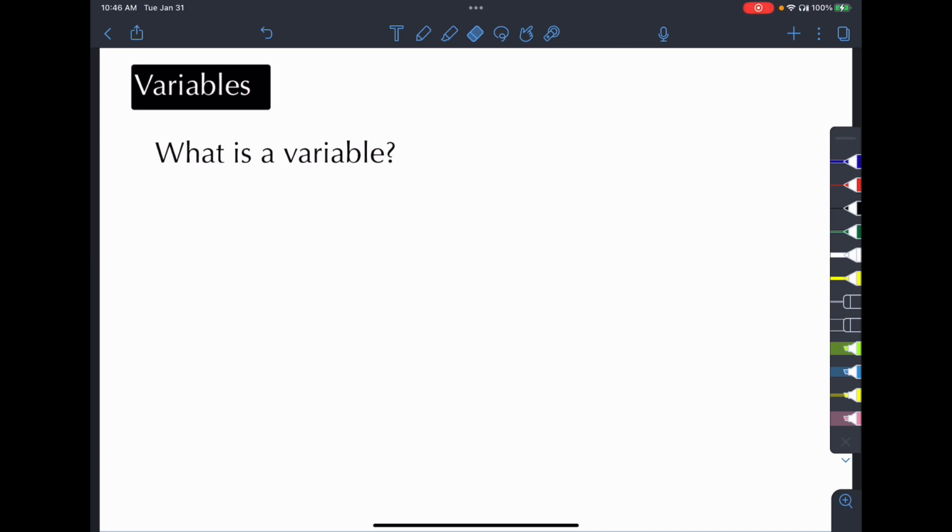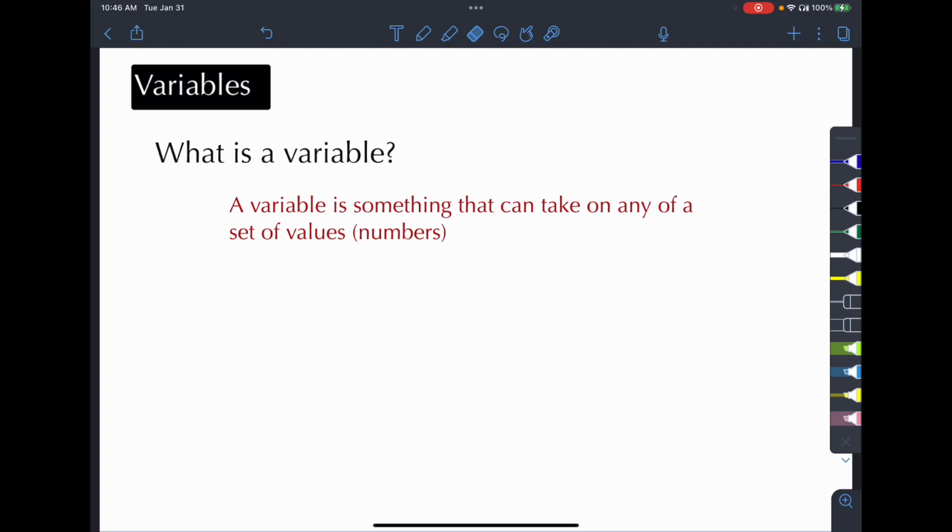So the first thing I want to talk about is what is a variable? That's a good question. We have been talking about variables for a little while now, and I thought maybe it'd be a good time to give a more structured definition. A variable is something that can take on any of a set of values, and in our case, those values are going to be numbers.